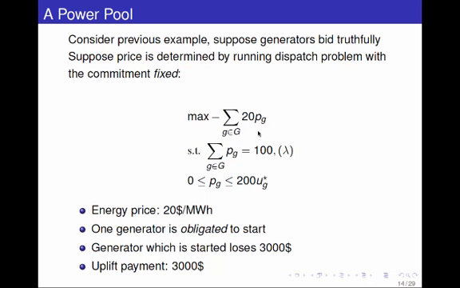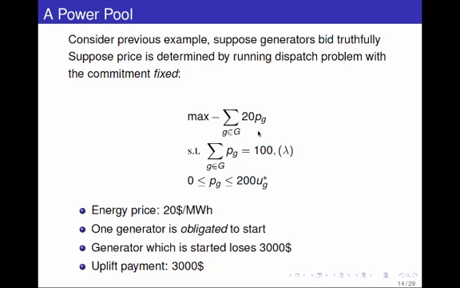What's the dual multiplier value here? You can get it just by staring at the problem, by doing sensitivity analysis. If I increase demand by epsilon, the cost goes up by 20, so the dual is minus 20. So the price that will be posted will be 20. For producing, you get paid 20, for buying you pay 20.